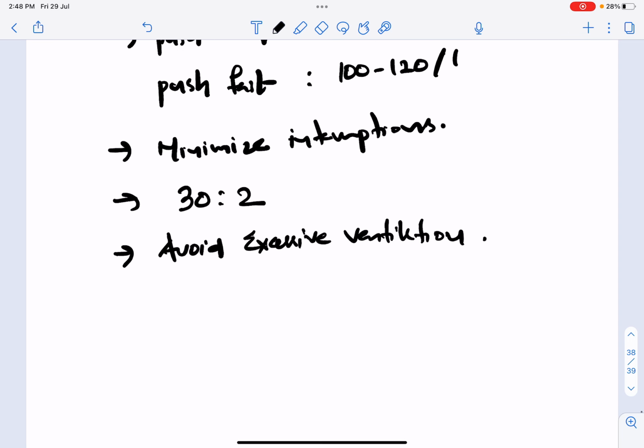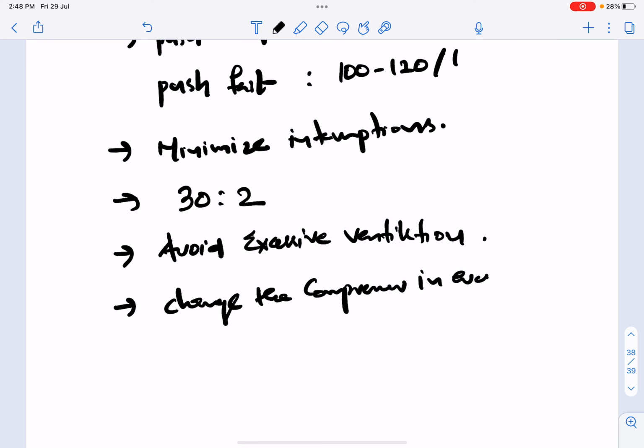And for good quality CPR, change the compressor every 2 minutes, or, if manpower is limited, change the compressor when one gets fatigued.